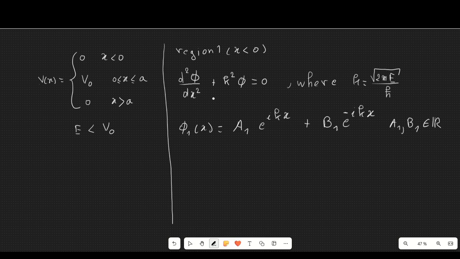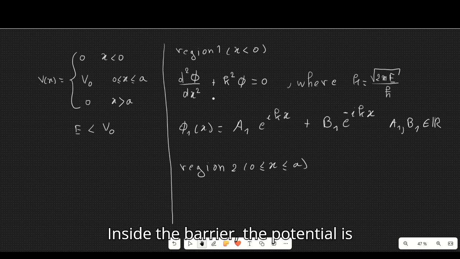In region 2, inside the barrier, the potential is V0.